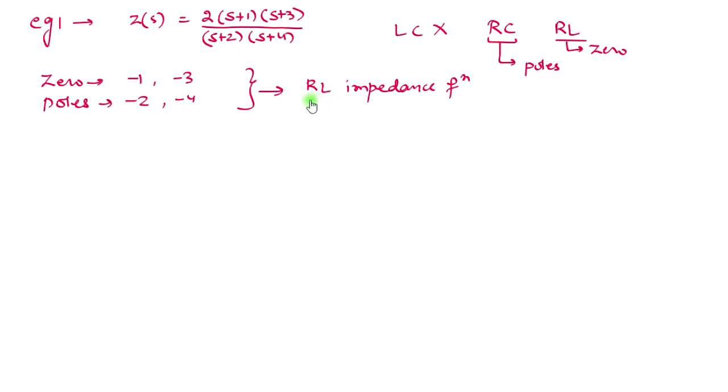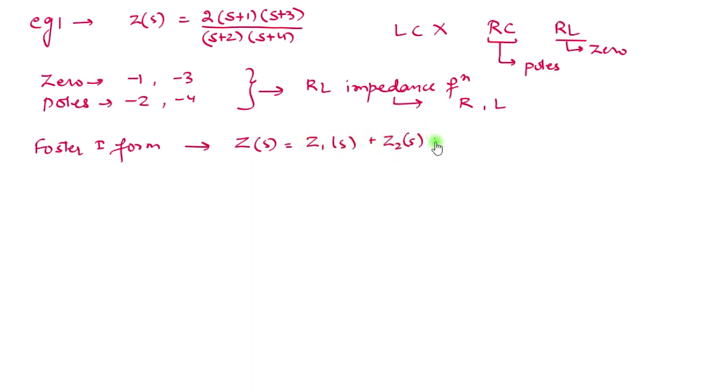That means now I will synthesize it using resistance and inductor. I will use the method Foster 1 form, which disintegrates the given network function into smaller order network functions, that is, Z(s) will be equal to Z1(s) plus Z2(s) plus Z3(s) and so on.